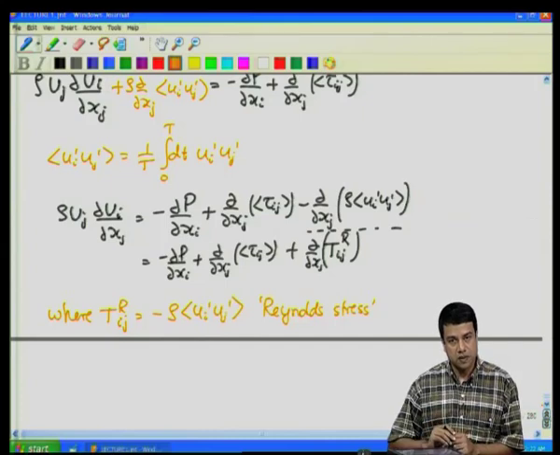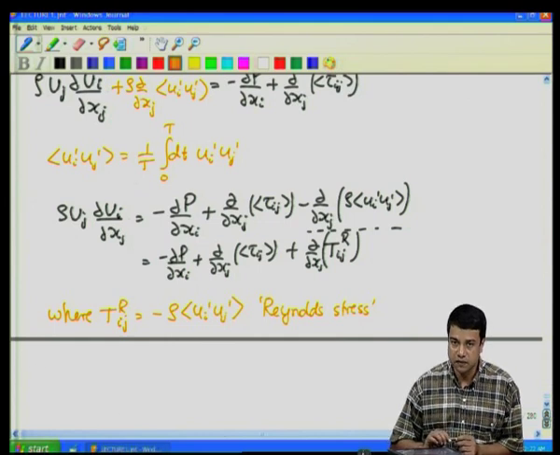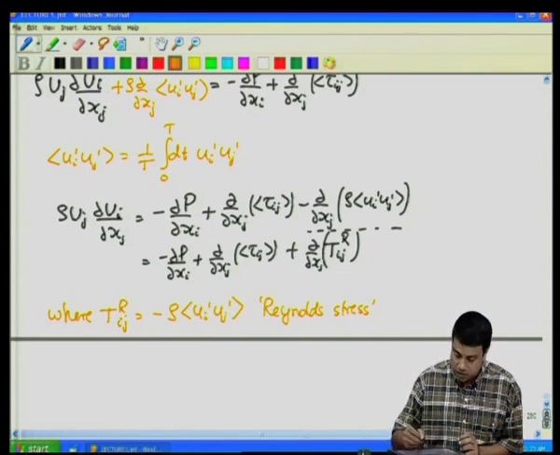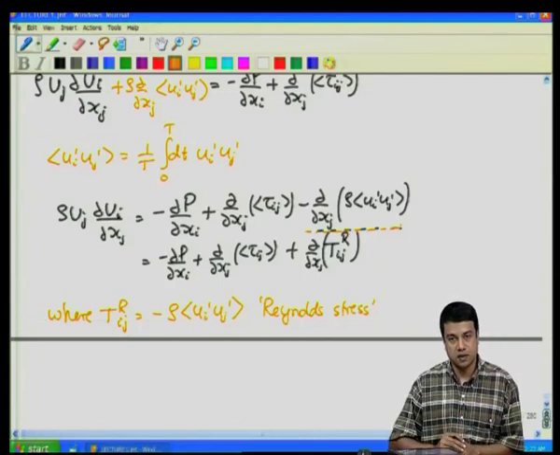And this brings us to an important point here. We said we would like to simplify the equations by taking a time average in order to get an equation for the mean velocity alone, the time averaged local velocity alone. When we tried to write down an equation for this mean velocity alone, we ended up getting an additional term which contained the velocity fluctuations in it.